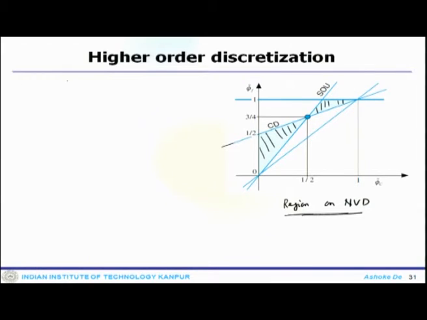For example, these are the higher order schemes' functional relationships. For the upwind scheme, psi Rf is 0. For the downwind scheme, psi Rf equals 2.